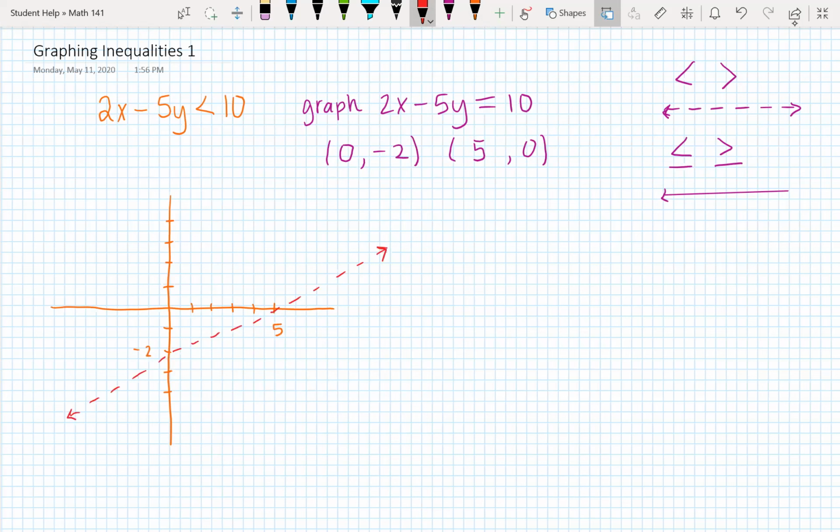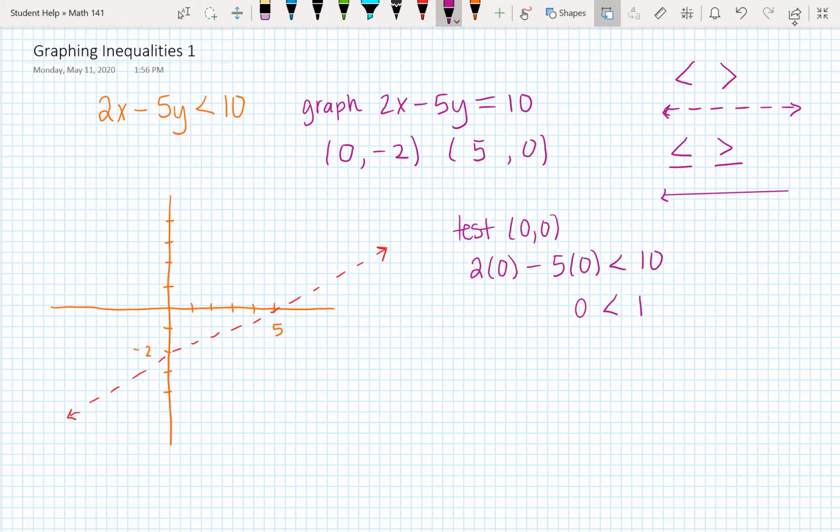And then what this is asking us is to show all the places where this inequality is true, and it's going to be a set of points that will make this true. One of the ways to determine where we're going to shade is to plug in the origin. So I'm going to plug in the origin. Let's test the point 0, 0 in the original. 2 times 0 minus 5 times 0 is less than 10.